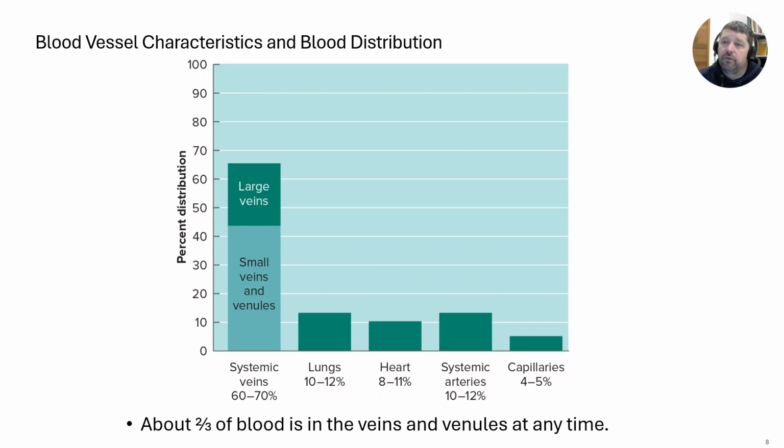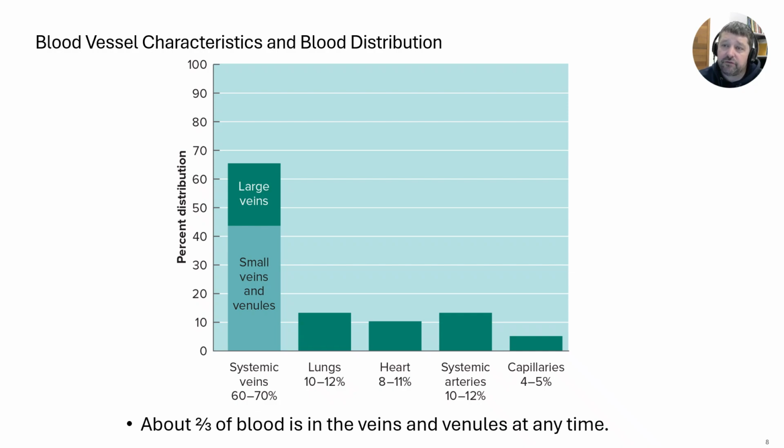Right? Now, something that is kind of important that a lot of students don't realize is the importance of things like arteries. We know that arteries are carrying high pressured blood away from the heart. The heart's very important. The lungs are very important. But in the grand scheme of things, these places in your body have very little blood compared to veins.